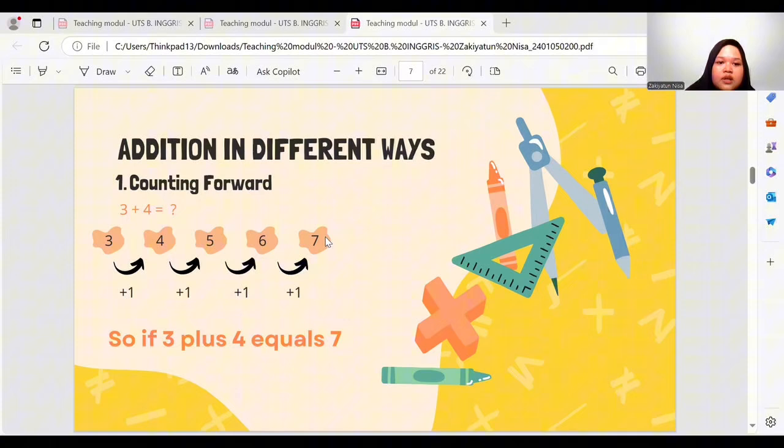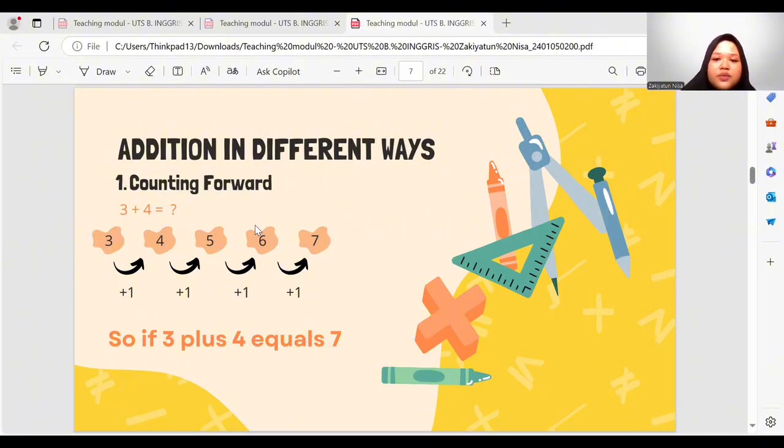We will fill the first box with the number 3. The second box is filled with the number 4, and so on sequentially from the first box to the fifth box. And then we make an arrow between the first box and the second box, between the second box and the third box, and so on.